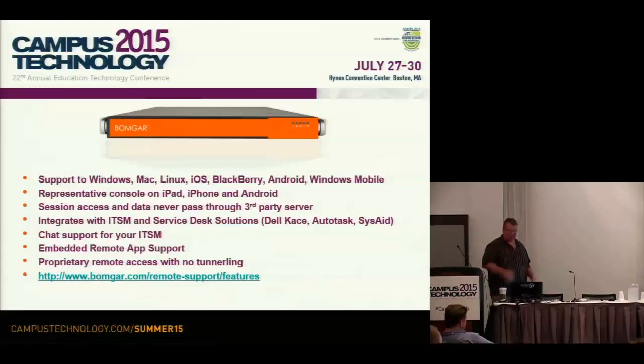And these are just some of the features with Bomgar. You can support Windows, Mac, BlackBerry even, Android, Windows. The representative console, and I did not bring my work phone, but in the IT department, we carry our cell phones with us everywhere. We have our smartphones on us always.